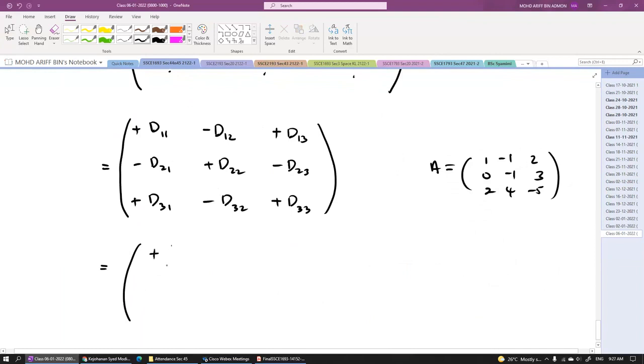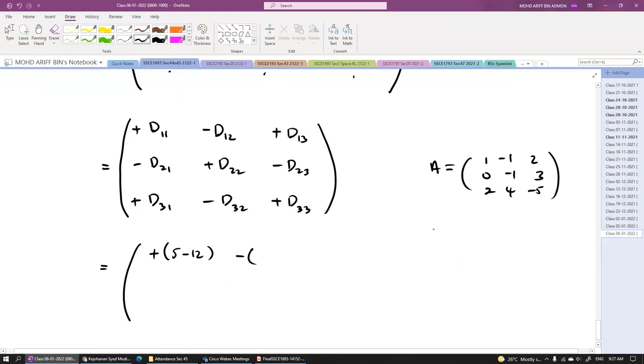Okay, you can put plus, and then you multiply. 1, 1. So 1, 1 is you eliminate first row, first column. So that is actually 5 minus 12. So -7 just now. Minus. And then we eliminate first row, second column. What is it?